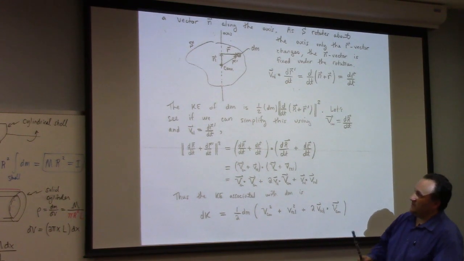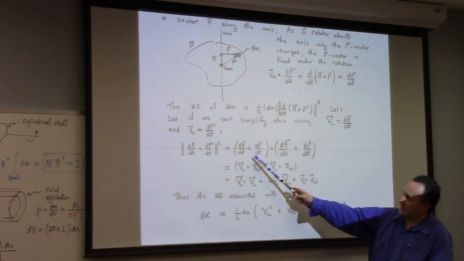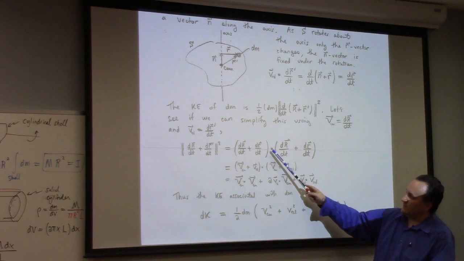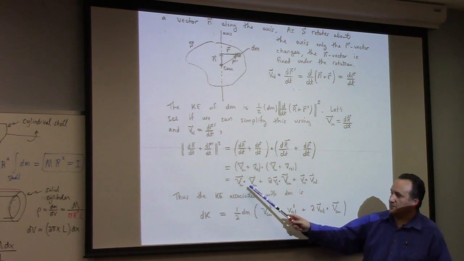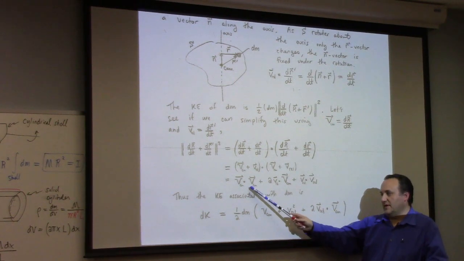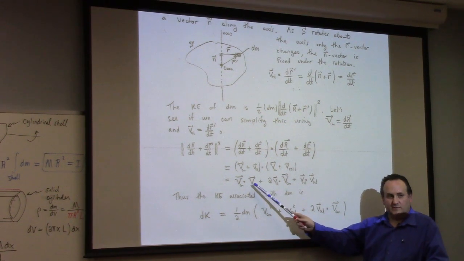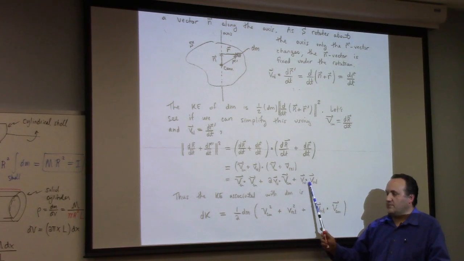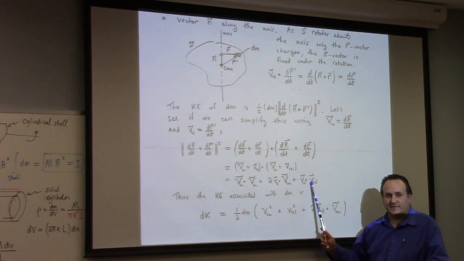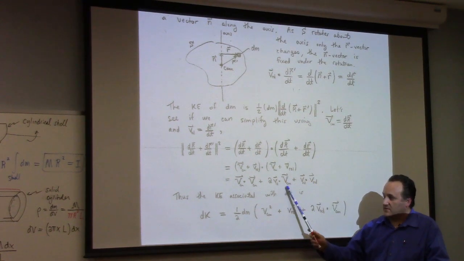So in view of that displacement, you can calculate the formula for the speed, and you get it in terms of three terms. There's the piece that depends on the velocity of the center of mass squared. You've got another piece which depends on the relative velocity, relative to the center of mass. And then there's this mixed piece.